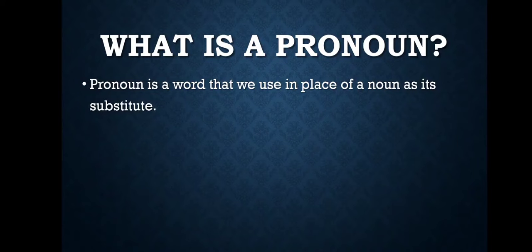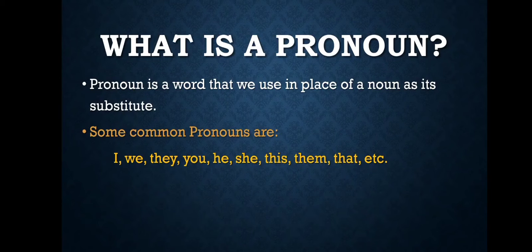So here you would not keep on repeating Ahmad, Ahmad, Ahmad in all the sentences, but you have to use the pronoun in the second or third sentence. How? Like Ahmad is a student, he reads in grade 10, he studies in XYZ school. So what is he? He is basically a pronoun that we have used in place of a noun.